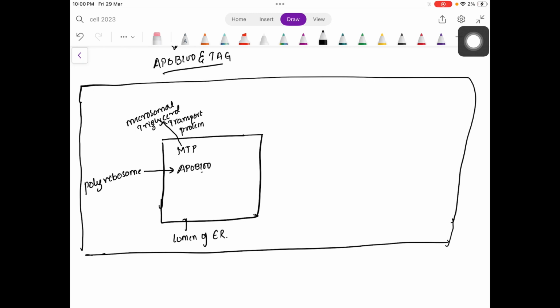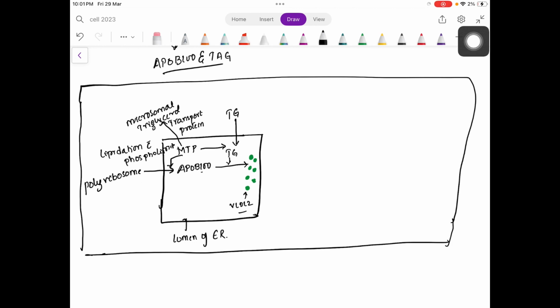This MTP will help in causing lipidation with phospholipids of ApoB100, and this MTP will also help in transport of triglycerols from cytoplasm into the endoplasmic reticulum lumen, and these triacylglycerols are also incorporated, and they will help in formation of a molecule called VLDL2. These molecules are called VLDL2 molecules.